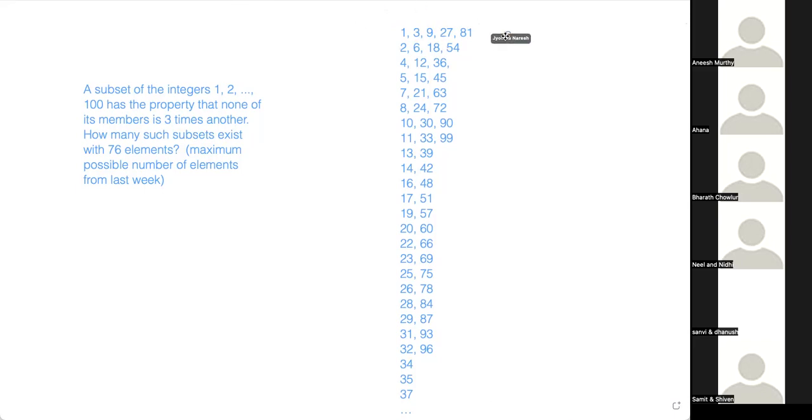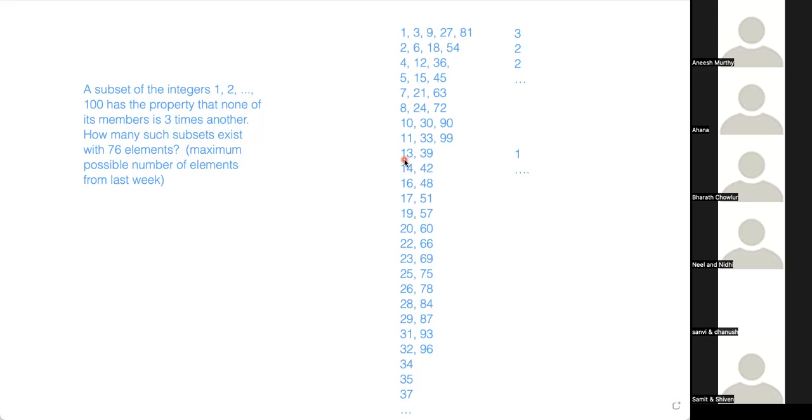For the one after that, it's 2, and then all the 3s are 2 as well. Up until 13, that's just 1. All the 2s are just 1 as well. So we could pick at most 3 from this, at most 2 from these, at most 1 from these. The problem was if we pick both 13 and 39 in this set, this would violate because 39 would be 3 times 13.